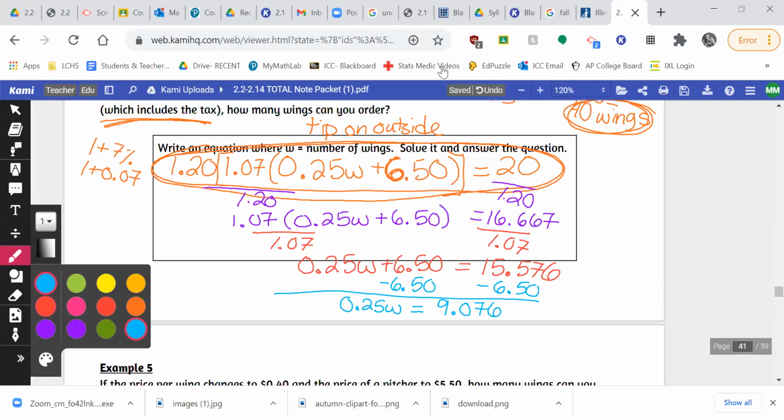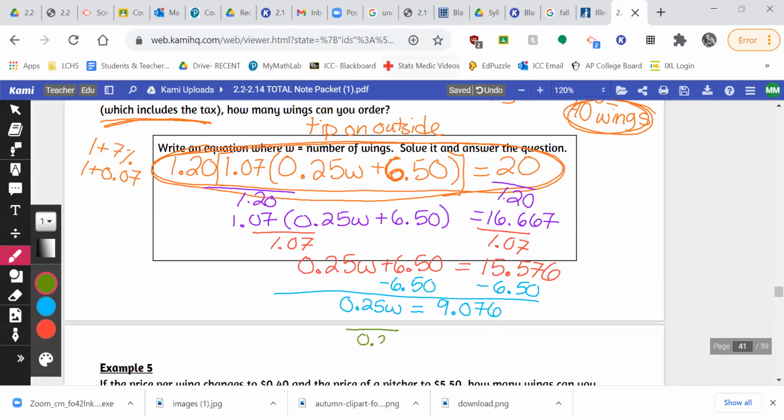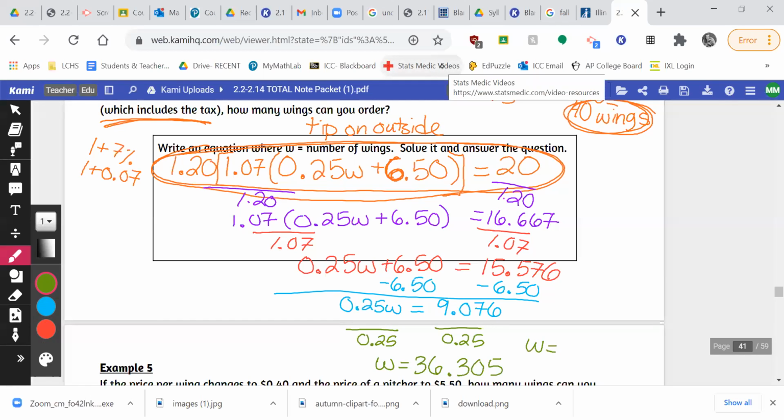Okay, the last thing I'm going to do is divide by 0.25. And I get 36.305. We want to round to a whole amount. And remember, you're always going to round down because you want to make sure you have enough money. So we have 36 wings.